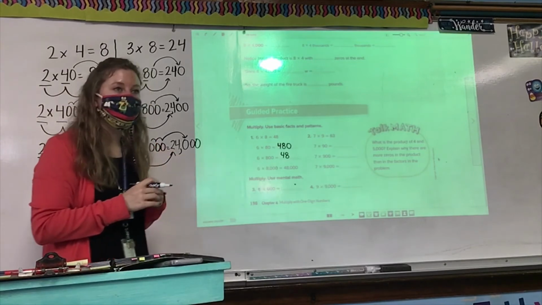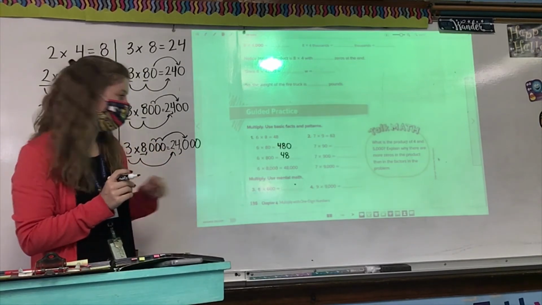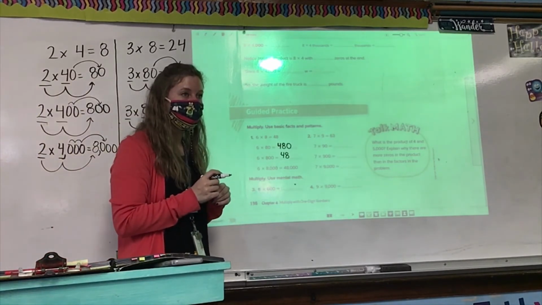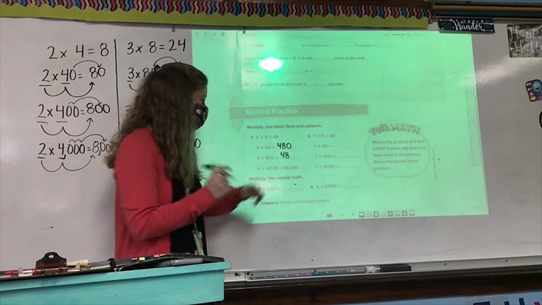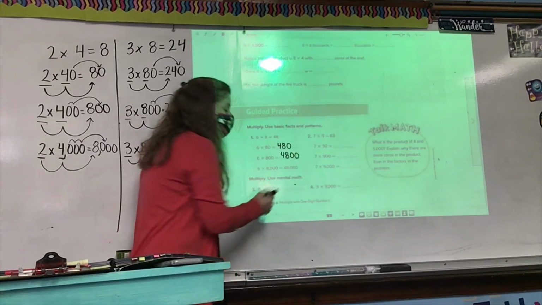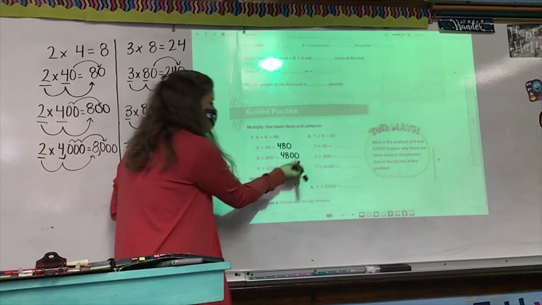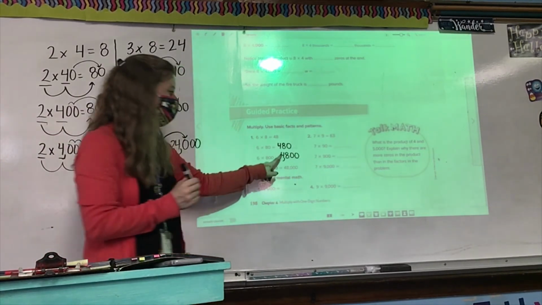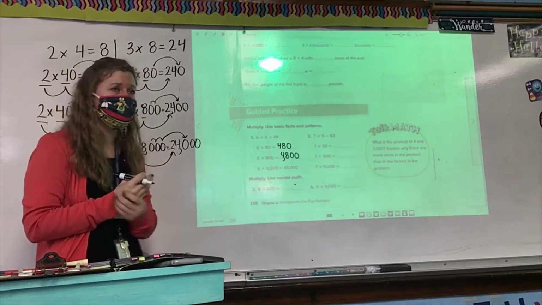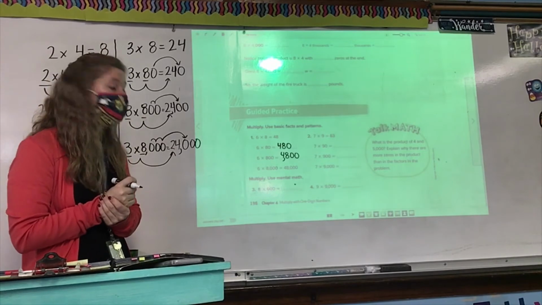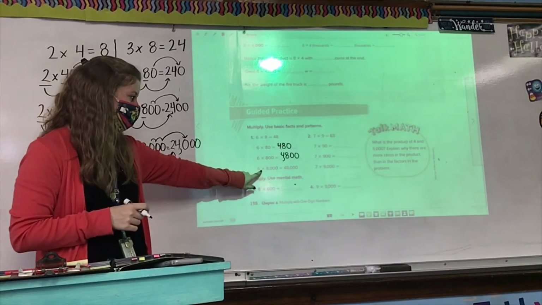How many zeros do we have at the end of our factors? 2. So step 4? Move the zeros to the end. I have 2 zeros. I'm moving them to the end. I have 4 digits, so I need to place my comma. 1, 2, 3, comma, 1, no comma. So 6 times 800 is? 4,800. Now 6 times 8,000.